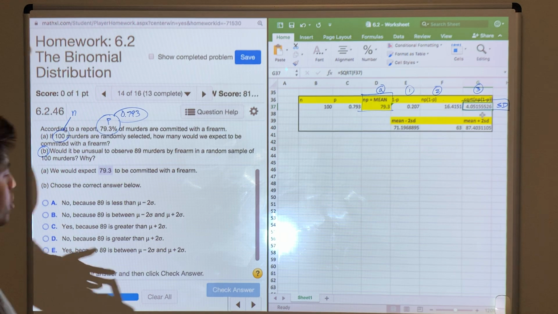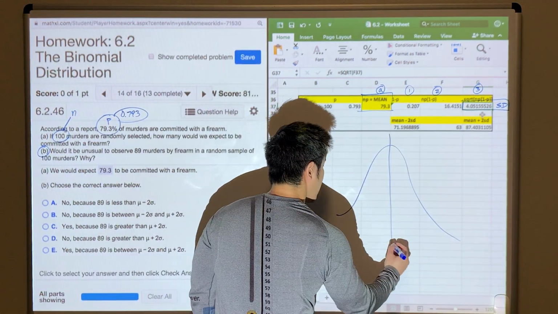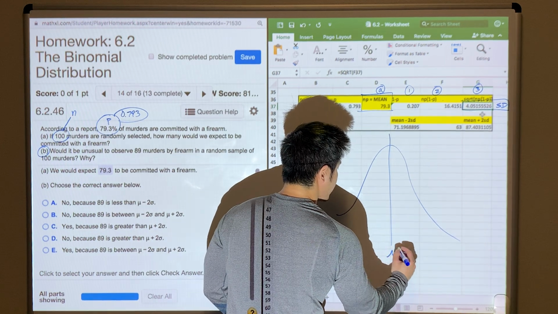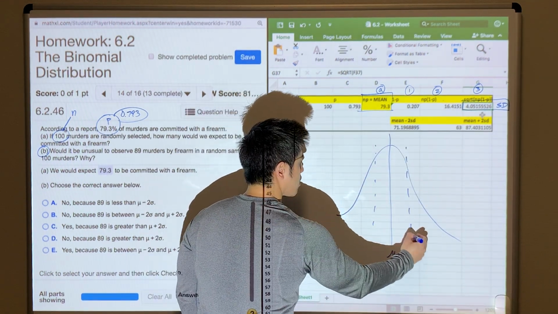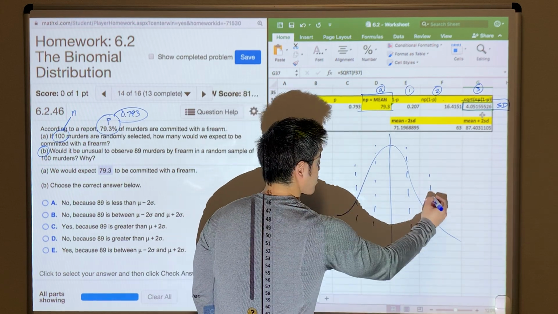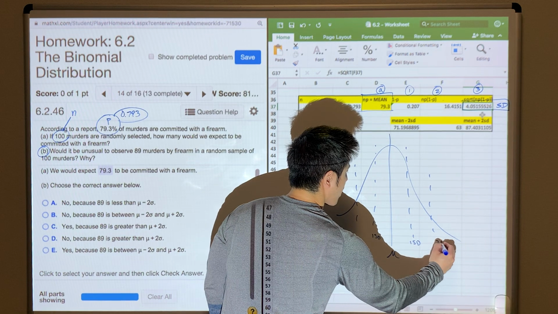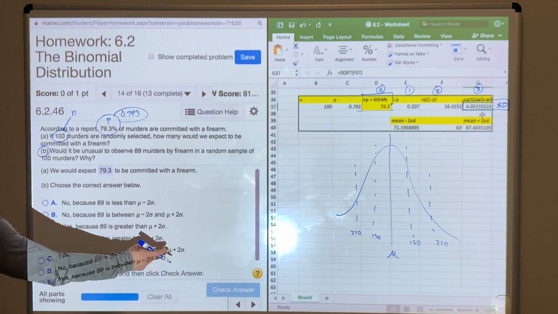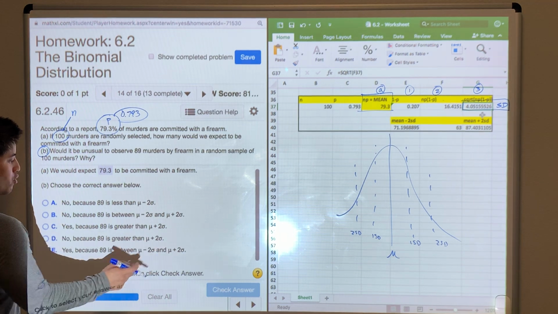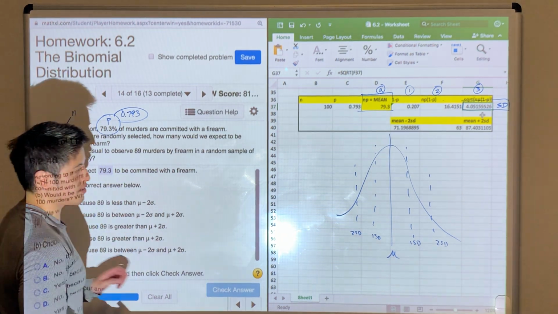And what we're trying to figure out is whether this is normally distributed, and we have a mean mu, then within 2 standard deviations, 1 SD, 2 SDs, and they use our sigma symbol here. So within 2 standard deviations, that's what they're saying.